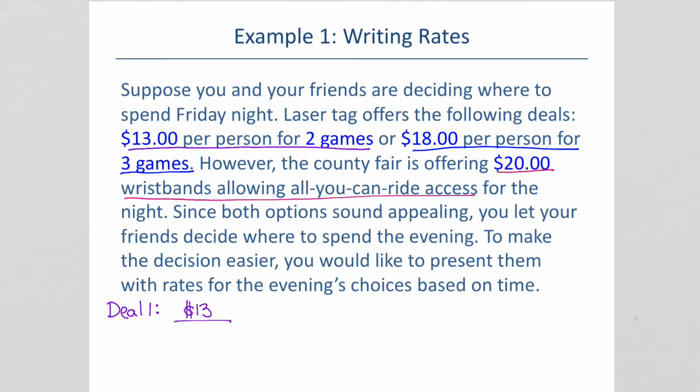It doesn't tell us this, but let's assume that the laser tag time is 30 minutes. So 2 games, so 2 times 30 minutes. So deal 1 would be $13 for 60 minutes.